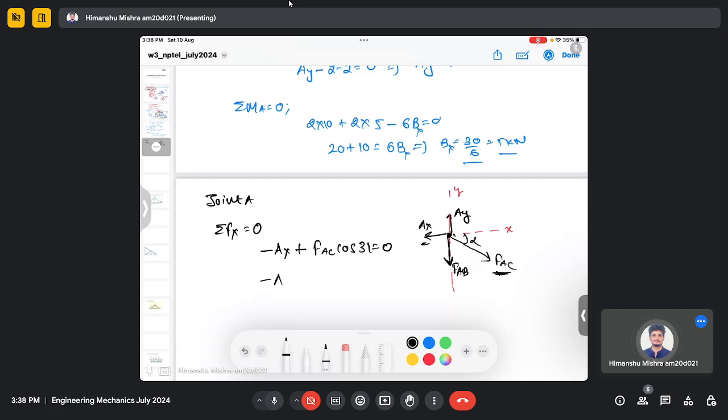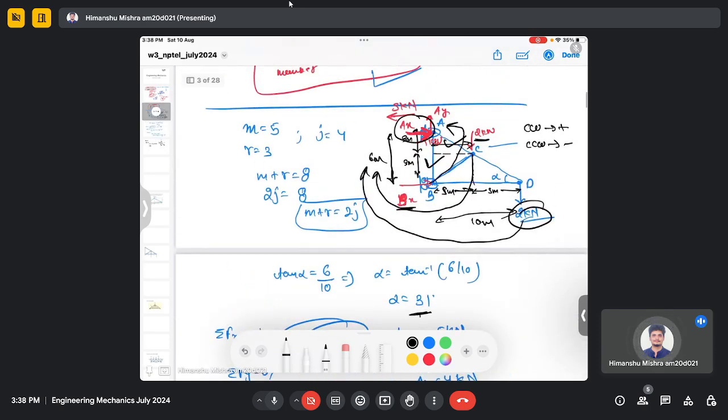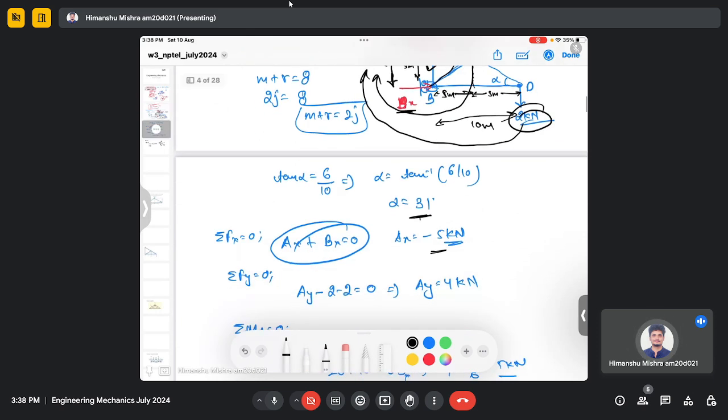So minus Ax was 5. Just observe here, we already changed the direction of Ax, because earlier in the question we assumed that the direction of Ax is on the right hand side, from left to right, and we found that Ax is minus 5 kilonewton.